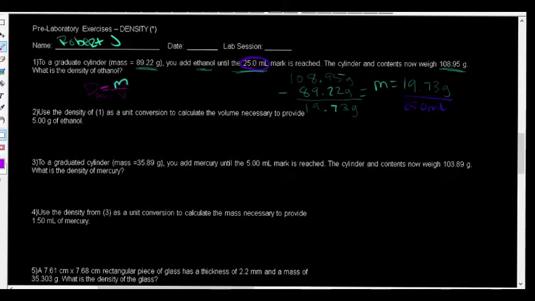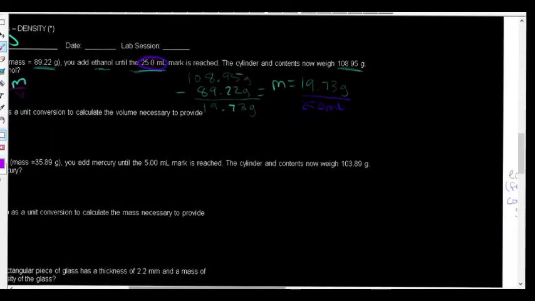So in doing the calculations, density of ethanol equals 19.73 divided by 25.0 equals 0.7892 grams per milliliter. So we have our density as a mass over volume. So everything checks out there.